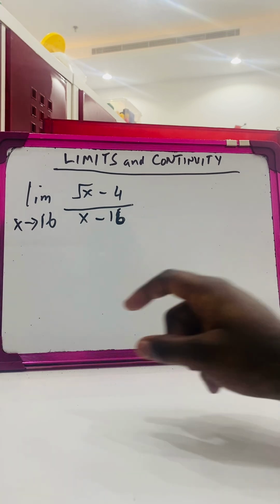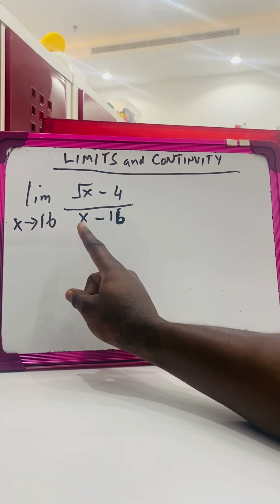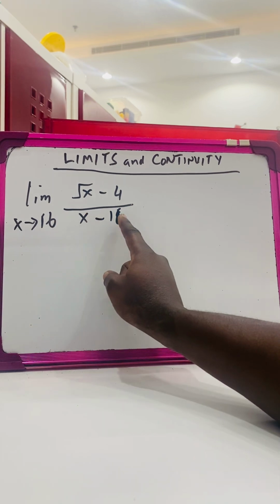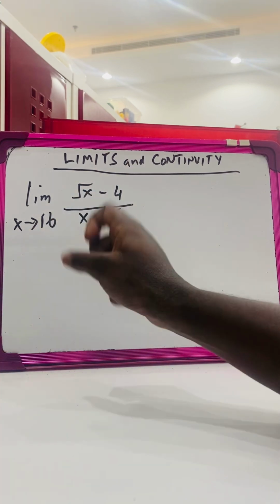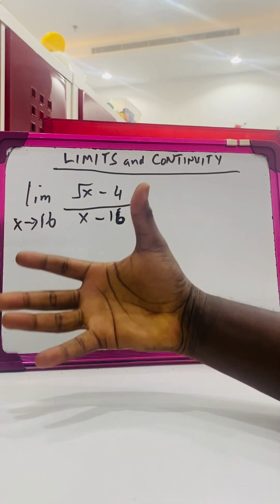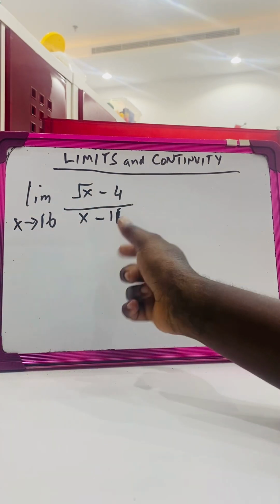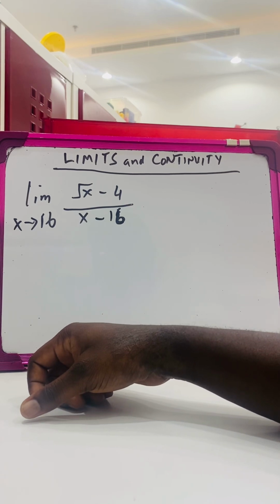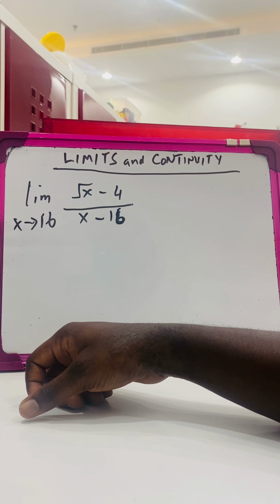So once again, if I think of a direct substitution at this point, I will have 16 take 16, which goes to 0. So the whole function becomes undefined. So I have to think of an algebraic means to rewrite the function so that my function can be defined. How do I go about this?